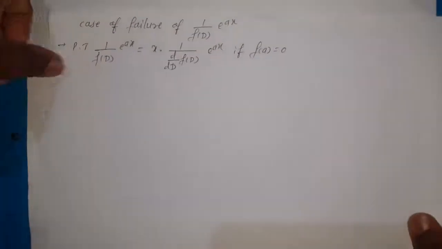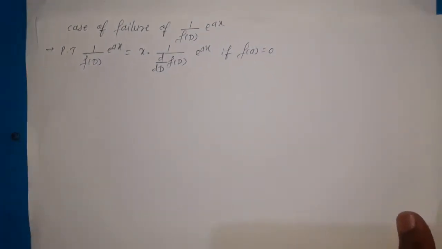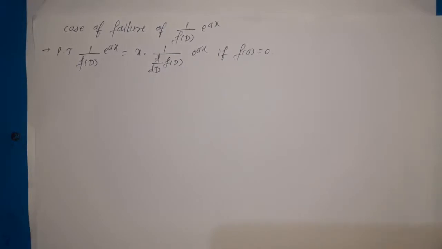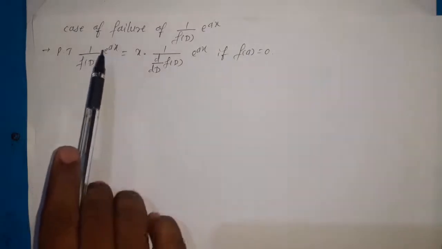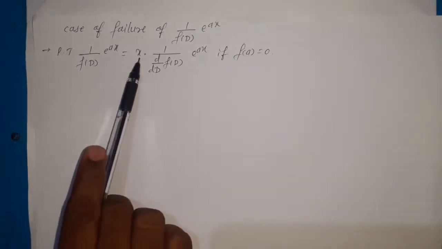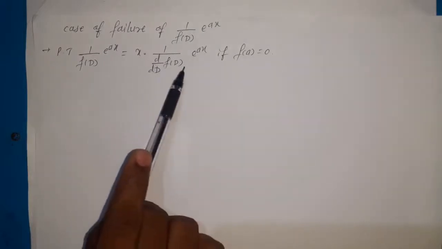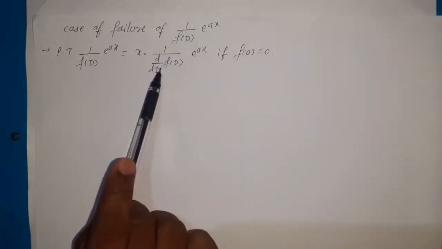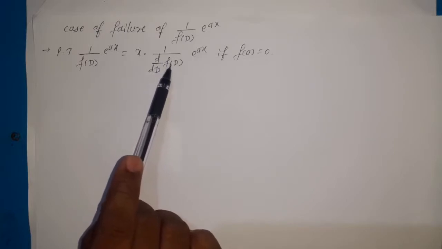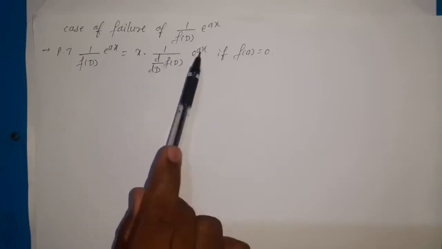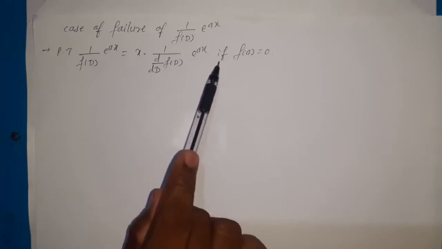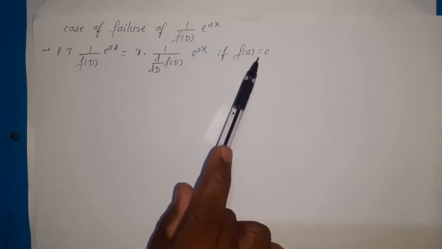So here, this is the case of failure of 1 by f of D into e power ax. Now 1 by f of D into e power ax is equal to x into 1 divided by d by dD of f of D, means the derivative of the function f of D with respect to D, into e power ax, if f of a is equal to 0.